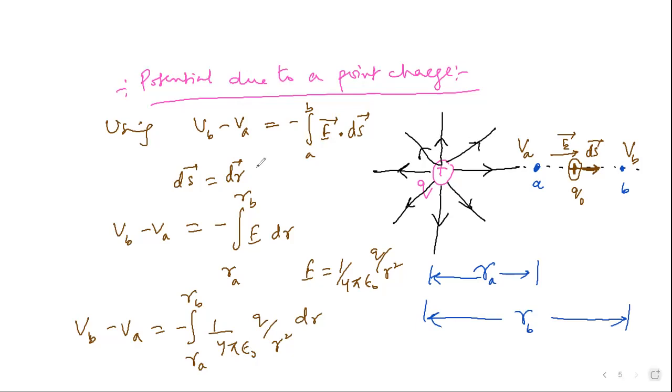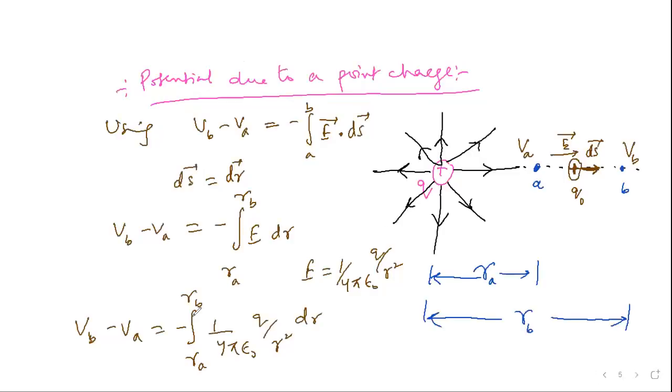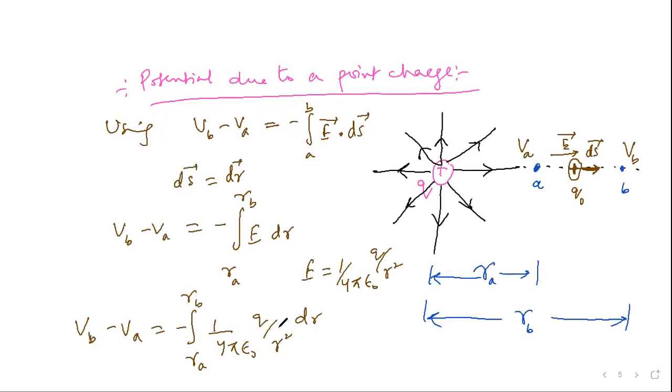So we'll use another color. So VB minus VA is now minus, and Q by 4 pi epsilon naught is outside: minus Q by 4 pi epsilon naught, integral RA to RB, dr by R square.